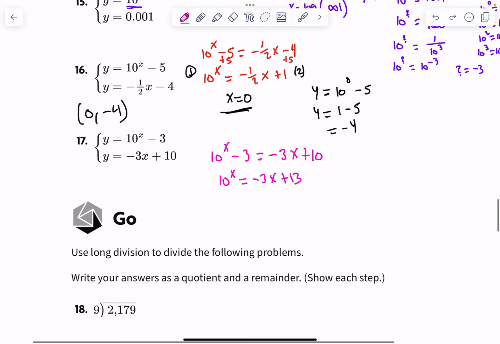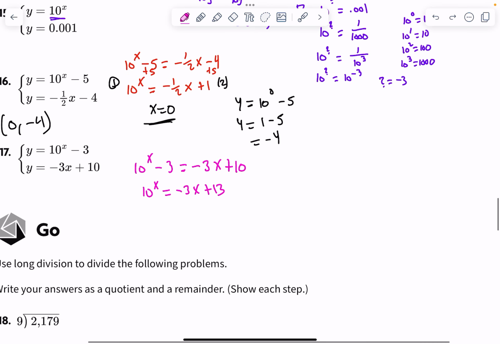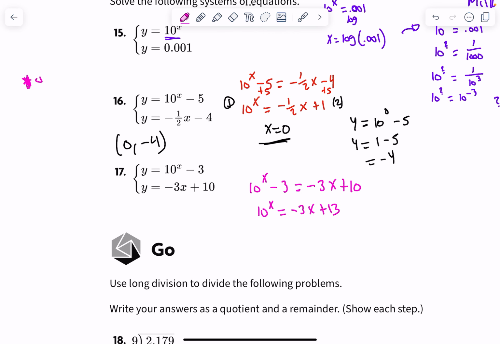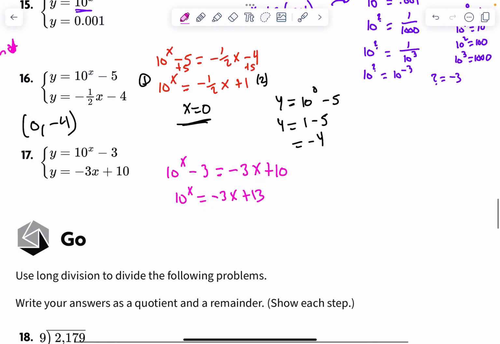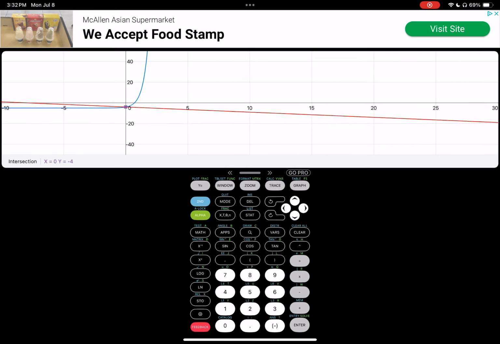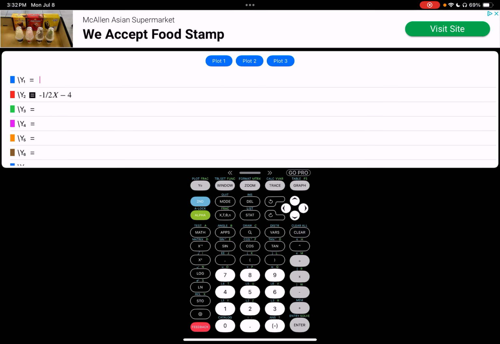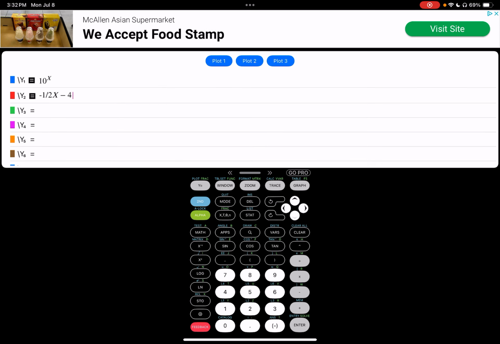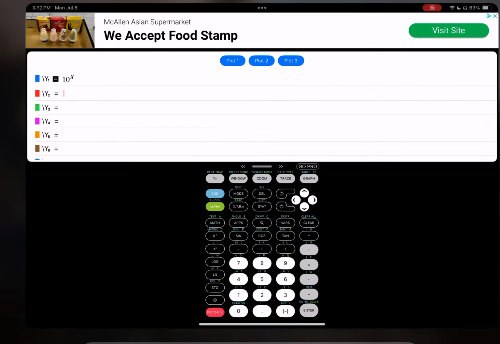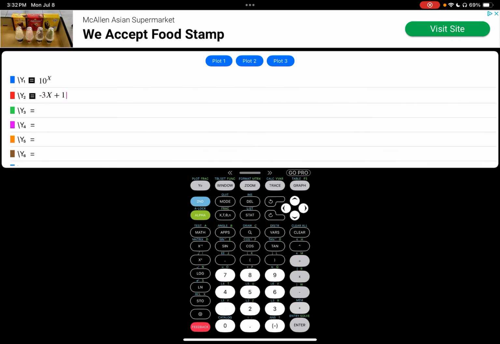Use graphs. Okay. So for here, we have 10 to the power of x, and then we have negative 3x plus 13.